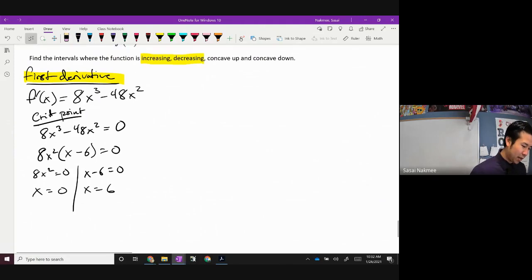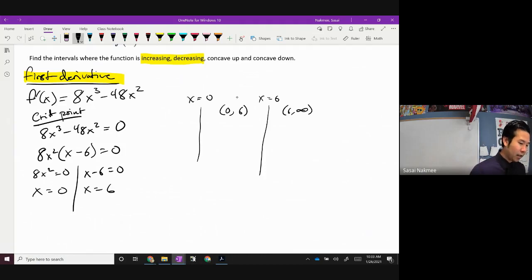So why am I trying to shortcut this? I'm going to just draw this out. I have x equals 0 as one, and then x equals 6 as another, which gives me, yeah, three intervals. From 0 to 6 is one interval, from 6 to infinity is another interval, and from negative infinity to 0 is a third interval. So let's go ahead and test those out.